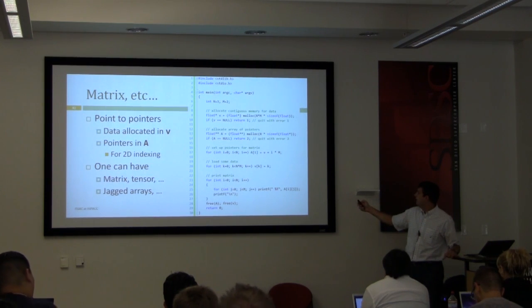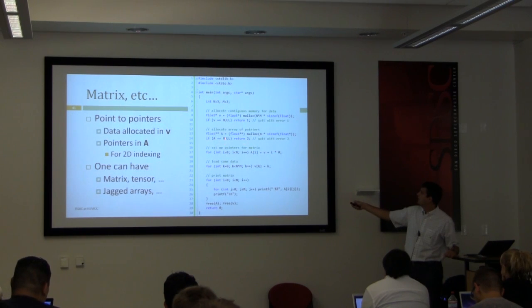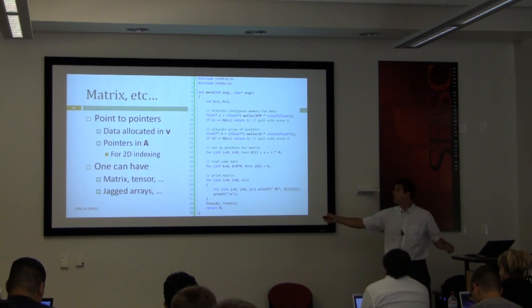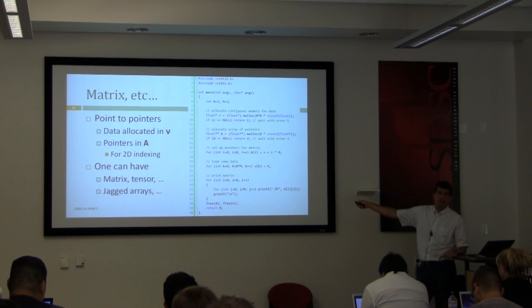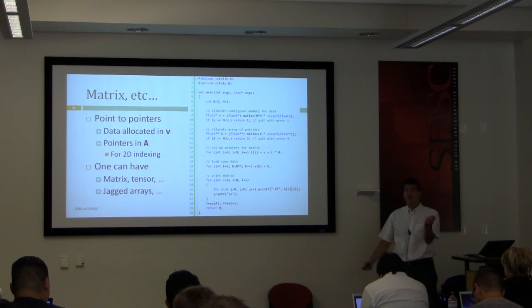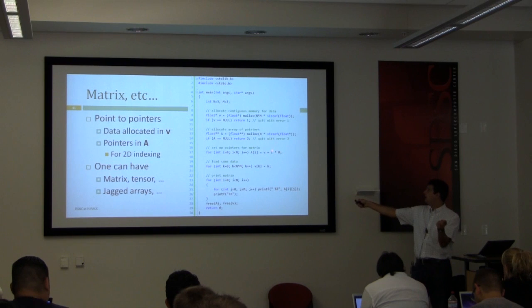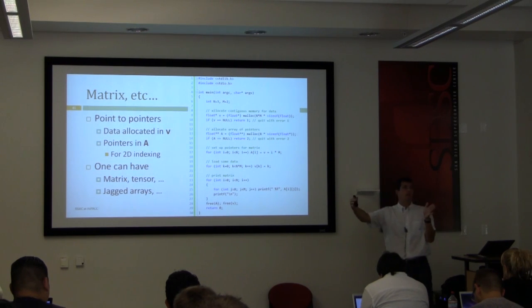So then I can set these pointers. Again, v is my linear memory allocated, and a is the pointer to pointer, the vector of pointers. So a[i] is just going to be the starting point of my memory allocated, plus i times m. m is the length of my row.